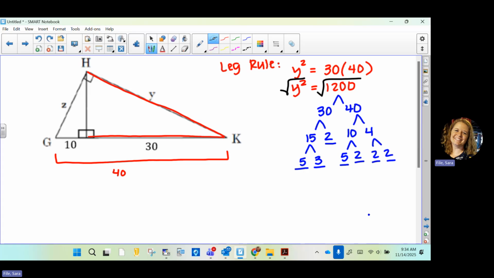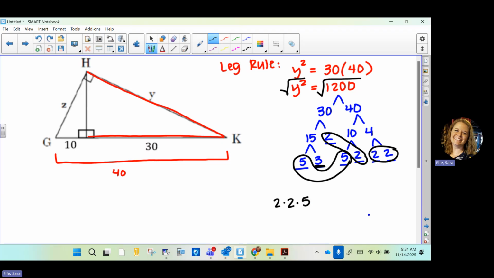So what I'm looking for are pairs, two of a kind. So there's a pair. Look at that. Even though they're not next to each other, they can be a pair. So I've got two pairs of 2s and a pair of 5s, right? So 2, 2, and a 5 get to come out.